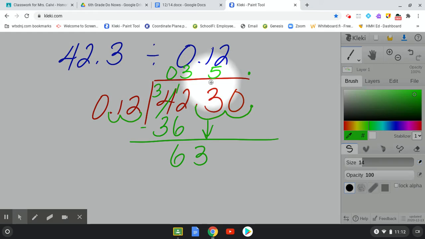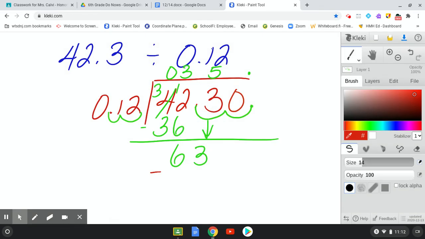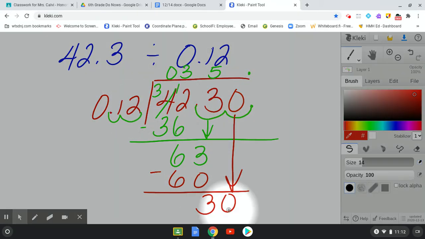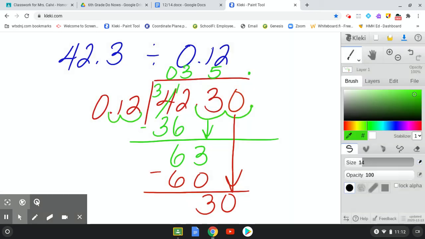Okay? All right, so now 6 times 5 gives me 60. So I'm going to subtract 60. I'm going to be left with 3. I'm going to bring down my 0. So now I'm looking at 12 going into 30. Well, 12 goes into 30 2 times. 2 times 12 is 24.